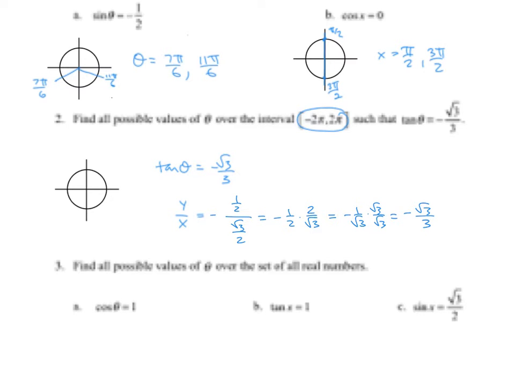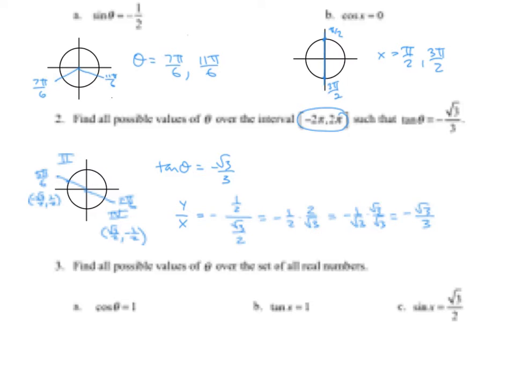So it's going to have to be in quadrants 2 and 4, and a y-coordinate of 1/2 and an x-coordinate of root 3 over 2, that's going to happen at 5 pi over 6, where you have the coordinates negative root 3 over 2, comma 1/2, or also down here at 11 pi over 6, where you have the coordinates positive root 3 over 2, negative 1/2.